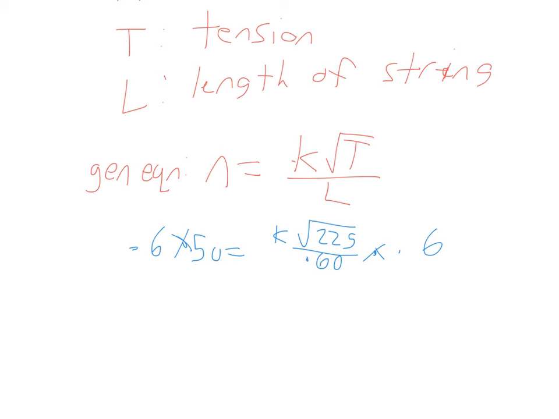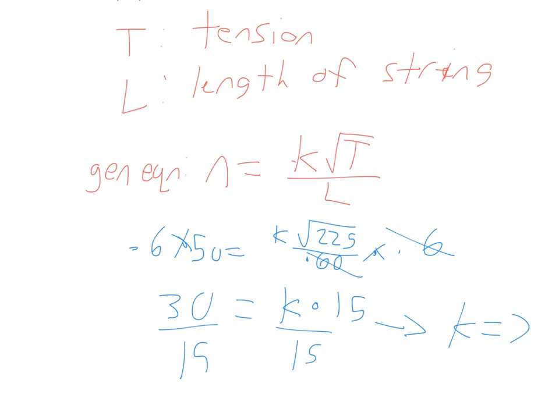Alright, 50 times 0.6 is 30. Those cancel out, so you're left with K times square root of 225, which is 15. So if you divide both sides by 15, that tells you your constant of variation is 2.